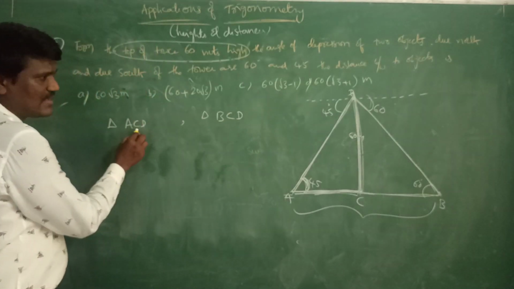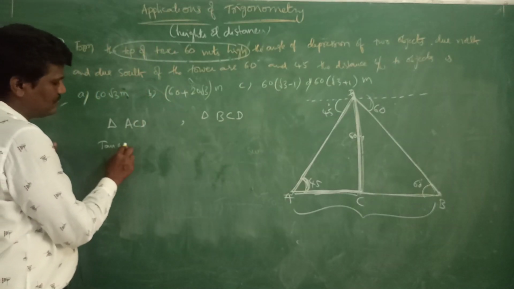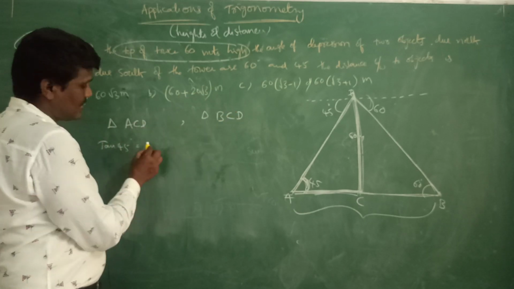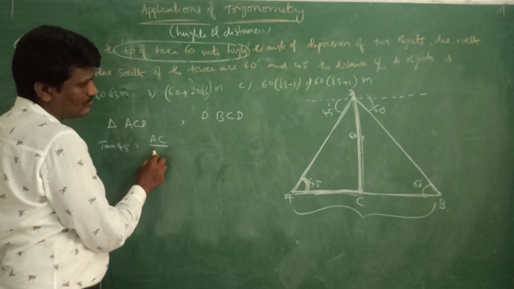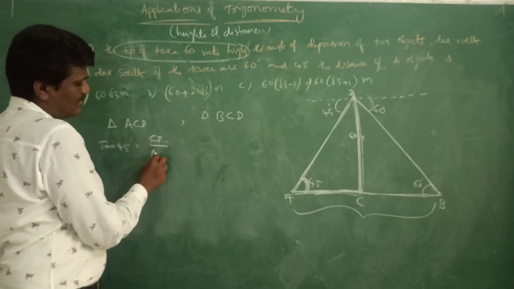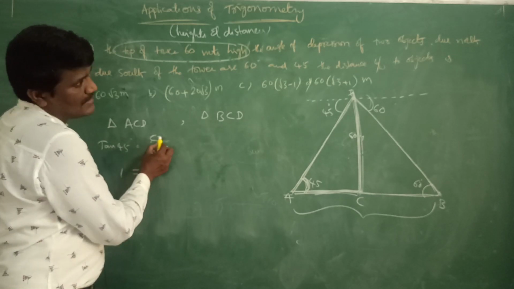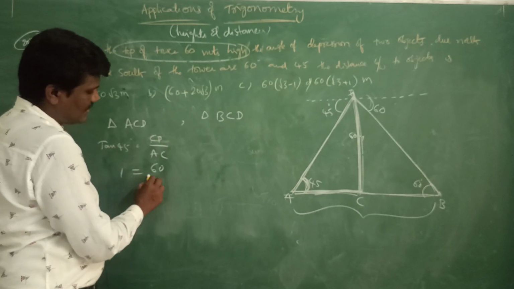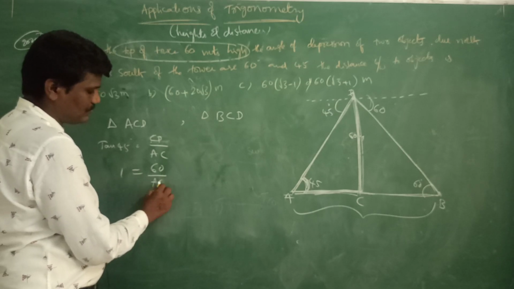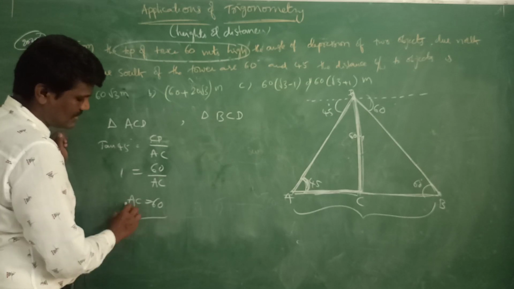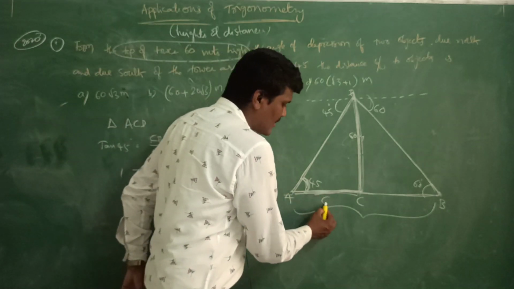So from ACD, tan 45 is equal to opposite side by adjacent side, that is CD by AC. Tan 45 value is 1 and CD is 60 and AC we do not know. If you cross multiply, AC is equal to 60. So this length we got as 60.